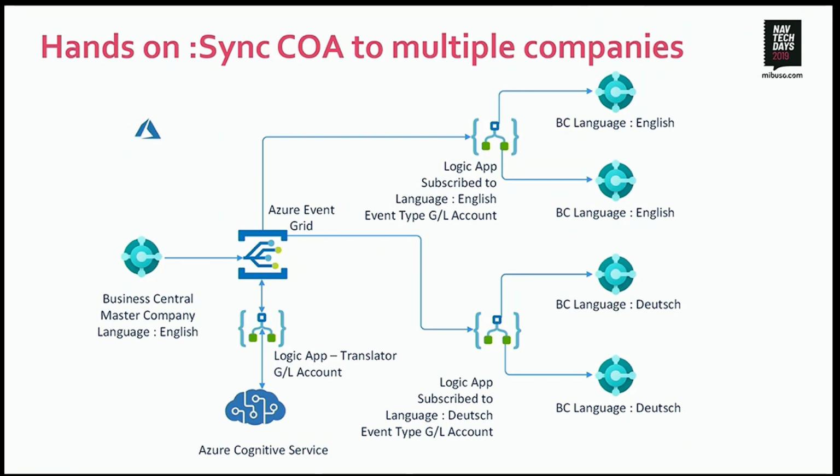Then we have two logic apps running here, which filter for English and the GL account. If the message is translated to English, it will subscribe to that, take it, and push it to the sub-companies. And this one, different language, same entity, pushes it to the related legal entities. So that's the main idea of the demo.